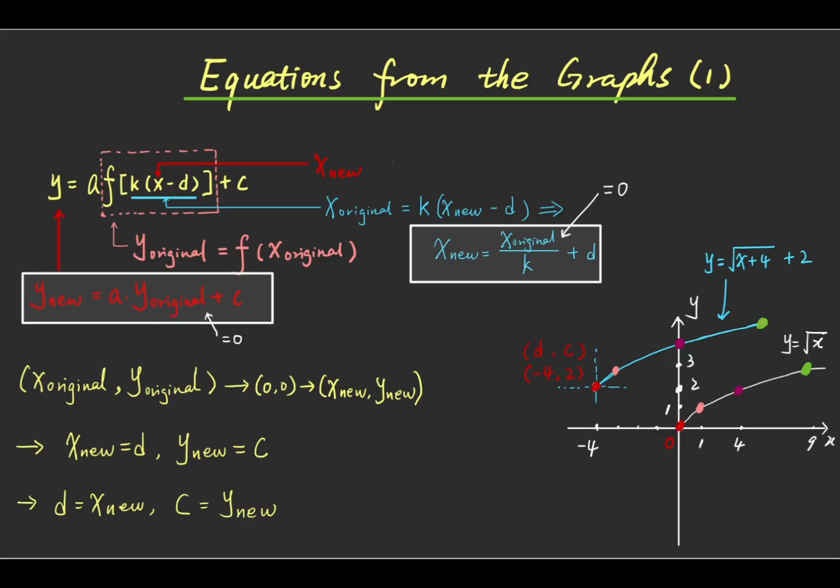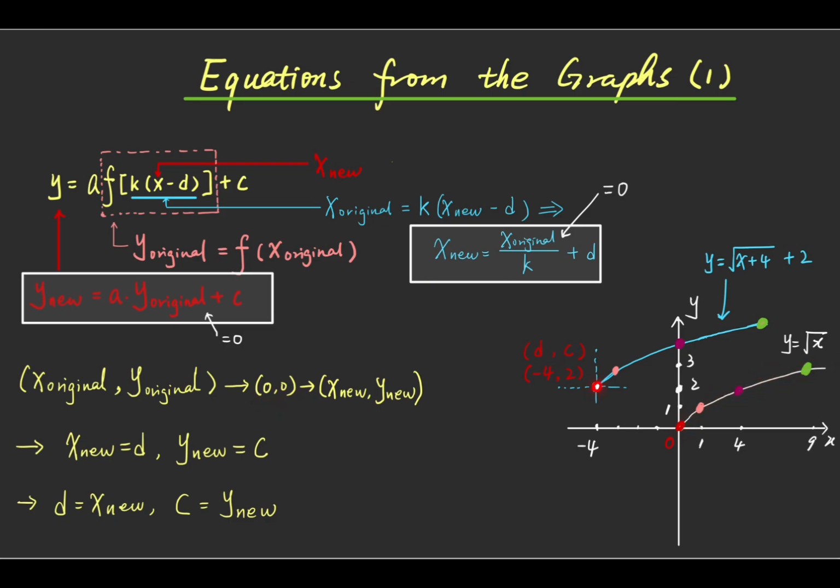For the more complicated situations, we will use other videos to explain how to figure out the equation from the given graph. Here, first, you just need to study these two parameters because they are quite useful for us to figure out the corresponding d and c on the basis of the region on the original function's graph.